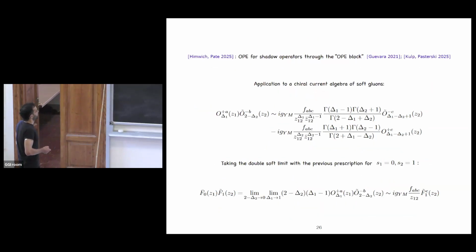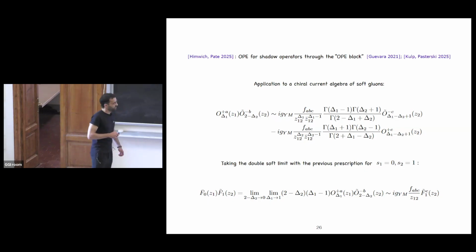So now, with this prescription, we can compute OPEs of shadow operators. This is what I was mentioning in this paper of Monica and Mina. What they did was to use the OPE block, to do the shadow of the OPE block, to write down the OPE between a shadow operator and a non-shadow operator.